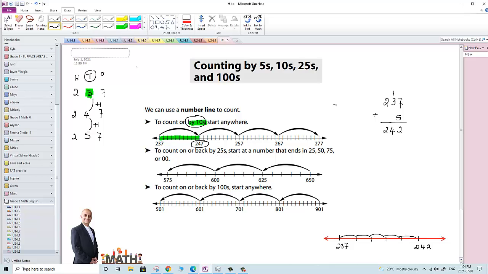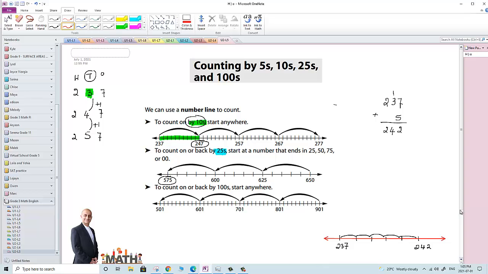What about by 25? If the question tells me count by 25, and I have here the number 575, instead of creating 25 pieces, which is too much, why don't I skip by 5?